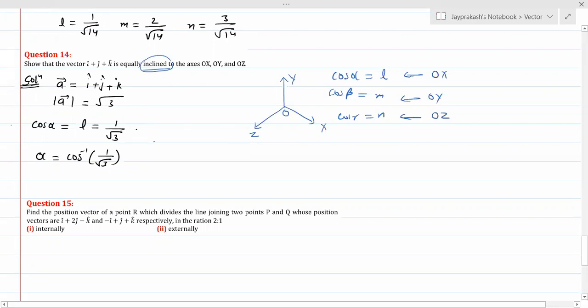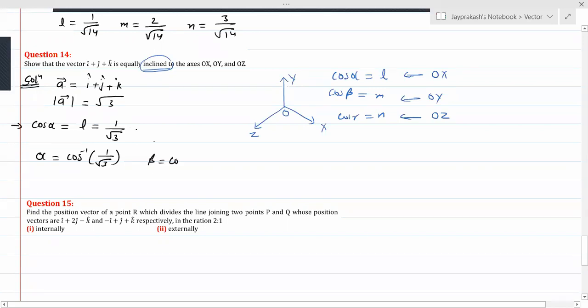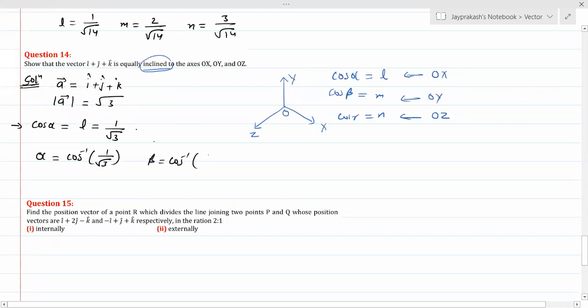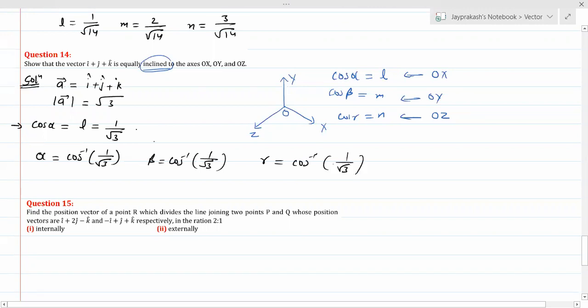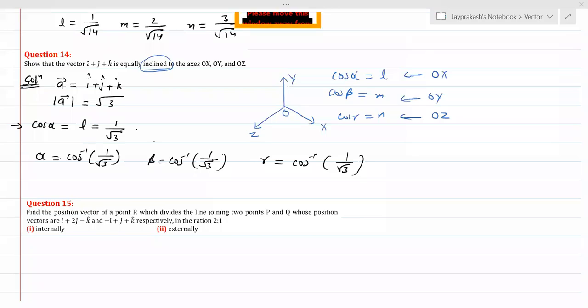In the same way, you will calculate beta. So beta will be cos inverse of the y component by root 3, and gamma is also the same value, cos inverse 1 by root 3. All the values of alpha, beta, gamma are equal.